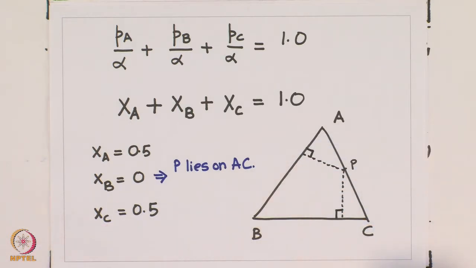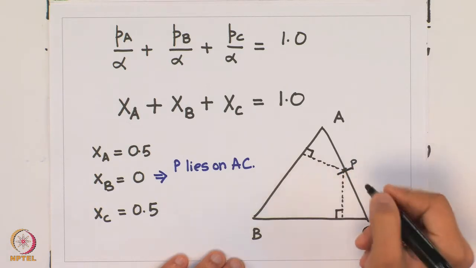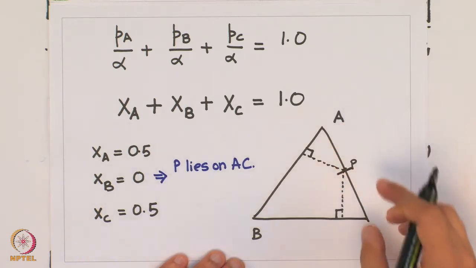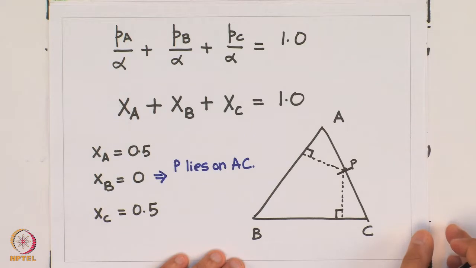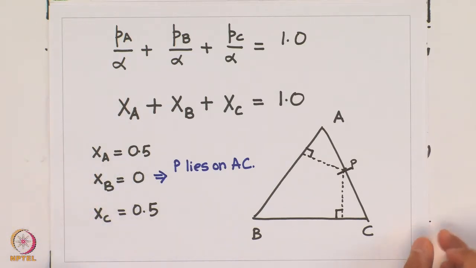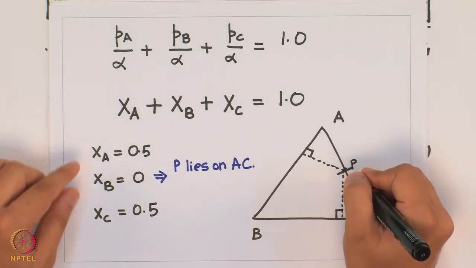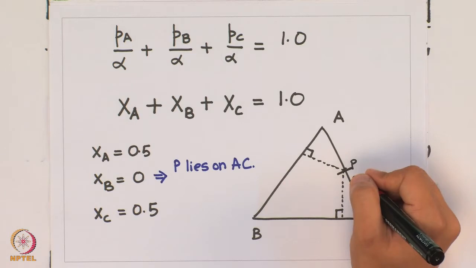And that, from intuition, should tell you that it has to be the midpoint of the segment AC, because this is an equilateral triangle. So, given any composition, we can find a point P which represents the distribution of the genotypes at that particular composition that we have specified.